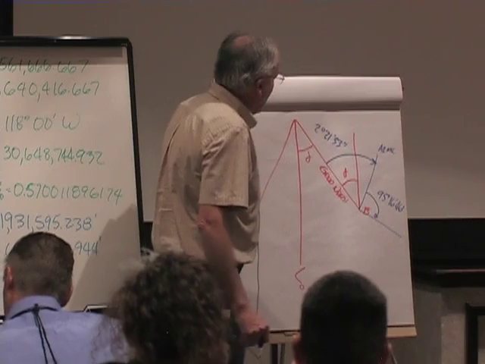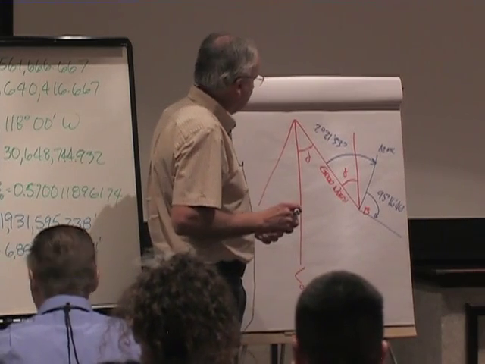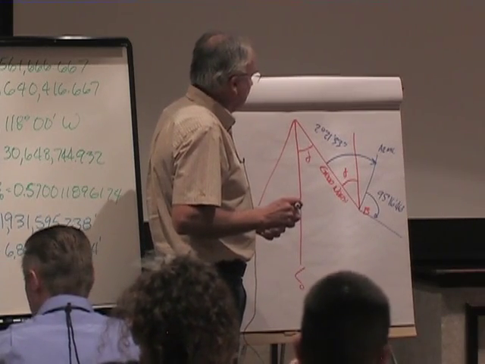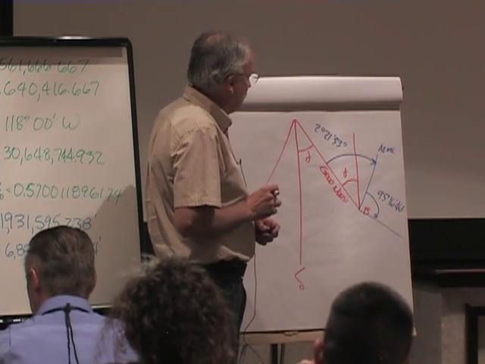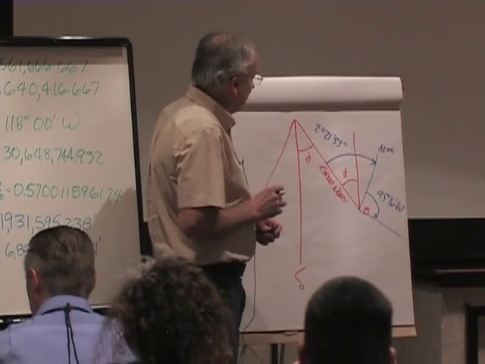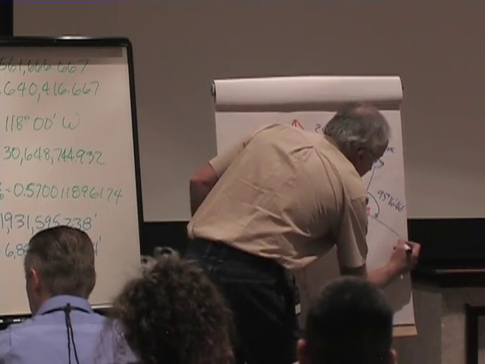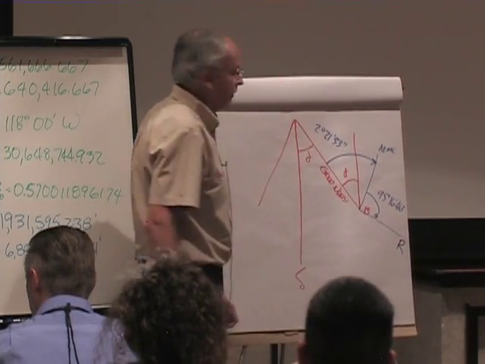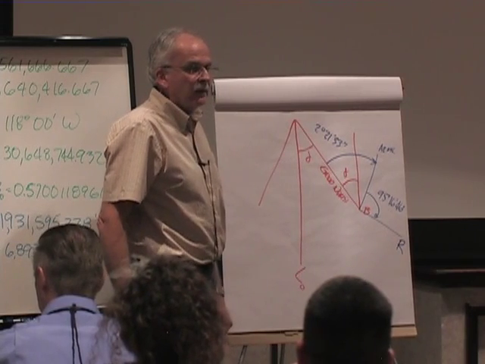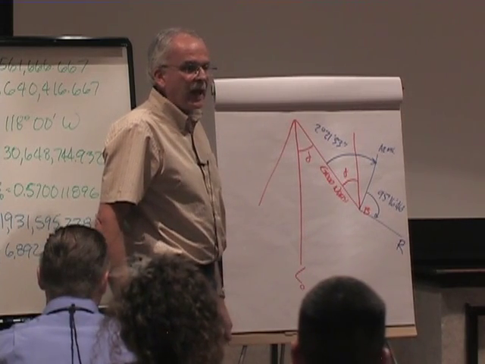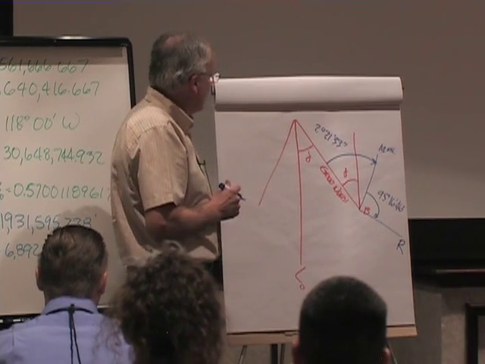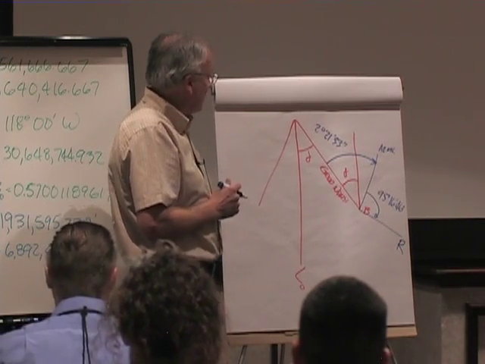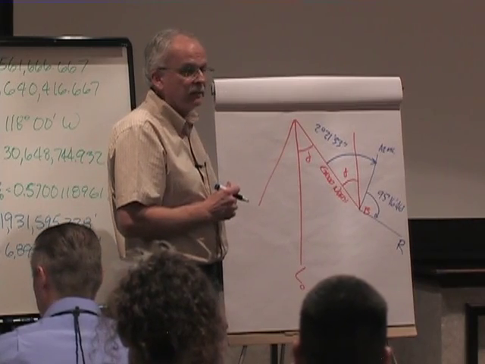Okay. How do I graphically show the geodetic azimuth up here for the line between Bernardino and Riverside?